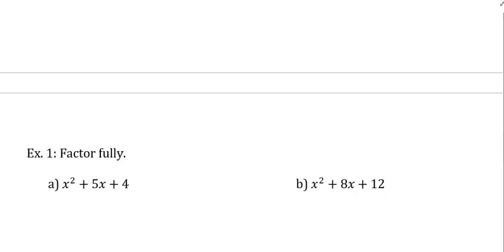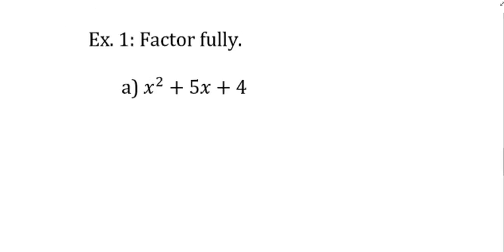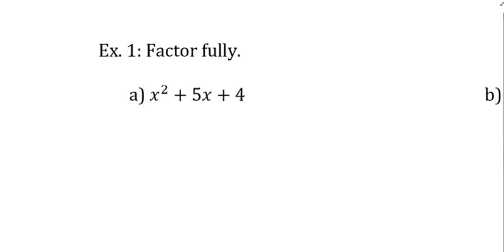All right, now we're going to actually do one from start. This is what your question will look like, and it'll say factor fully. From start to finish, this is how you would do it. Put your pencil down for a moment and watch.